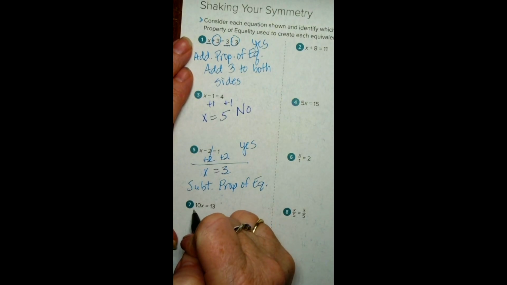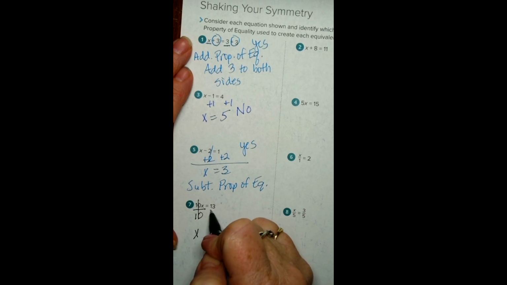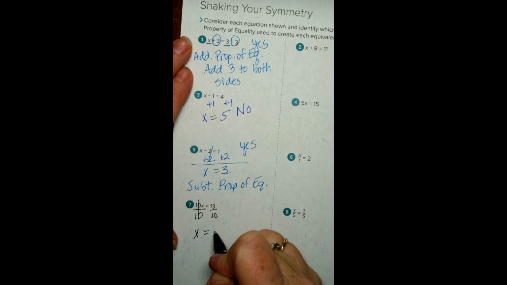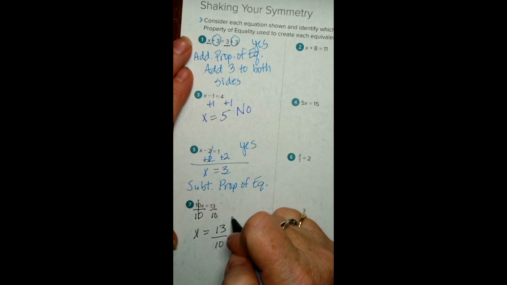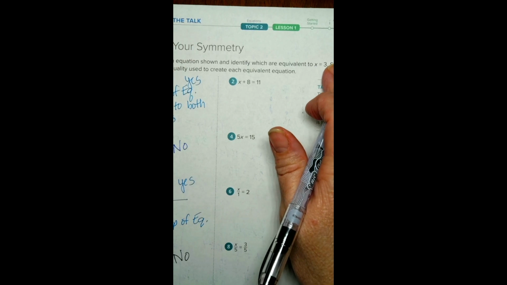Okay, 10x equals 13. So let's see, we would have to divide by 10 if we're going to have just the x, and you'd have to divide by 10 here. Well, that equals 13/10, which is not 3, so that one is a no. X plus 8 equals 11.